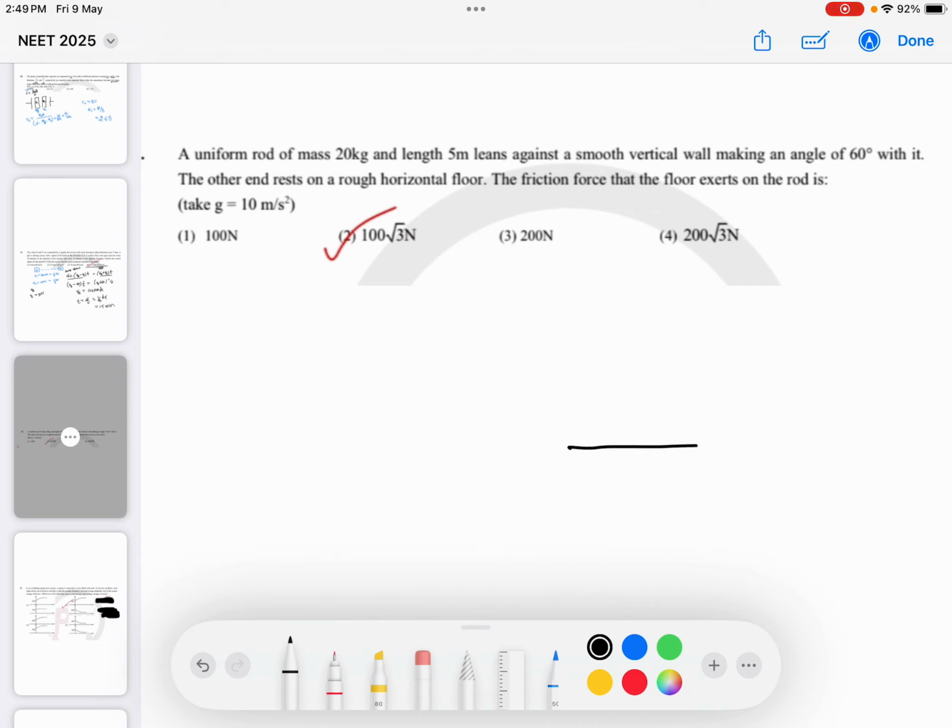Suppose you can consider the horizontal surface, and this side can be taken as the wall. So you are placing one uniform rod like this. For this uniform rod, this is the initial point A, this is the final point B.